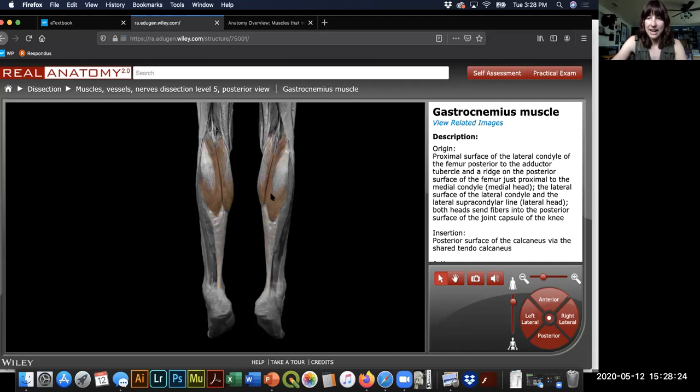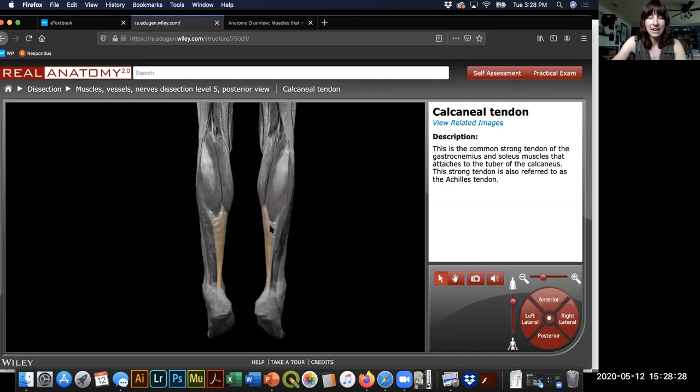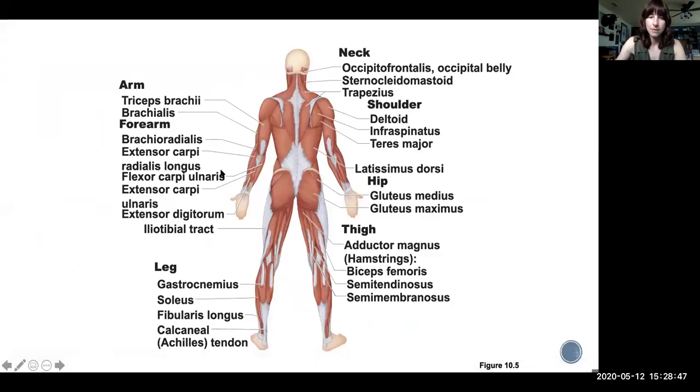So your gastrocnemius muscle is continuous with your calcaneal tendon. Your calcaneal tendon connects your gastrocnemius to the calcaneus bone, okay? Muscle to bone tendon, right? As opposed to a ligament, which attaches bone to bone, right? Which we don't need to know any of. We don't need to know any of the ligaments.